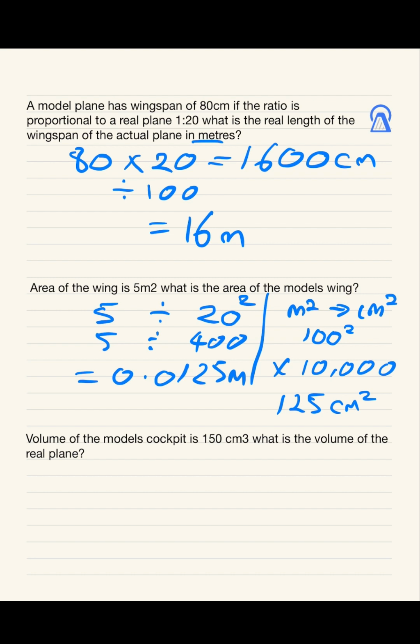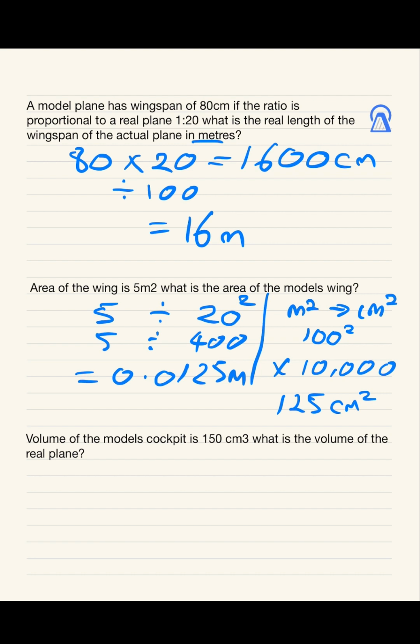Okay, and we're going to do something similar for the volume question at the bottom. So this time we've got 150 centimeters cubed being the volume of the model, and we want to know what's the volume of the real plane. Let's have a look at what this one would work out to be.